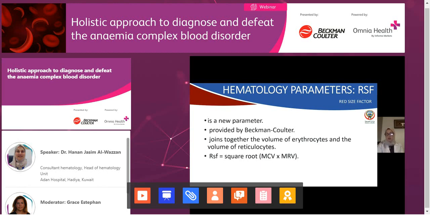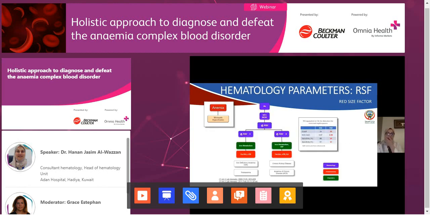The utility of this parameter is to help differentiate iron deficiency anemia, giving us a possibility of iron deficiency anemia, and allow for further investigation.